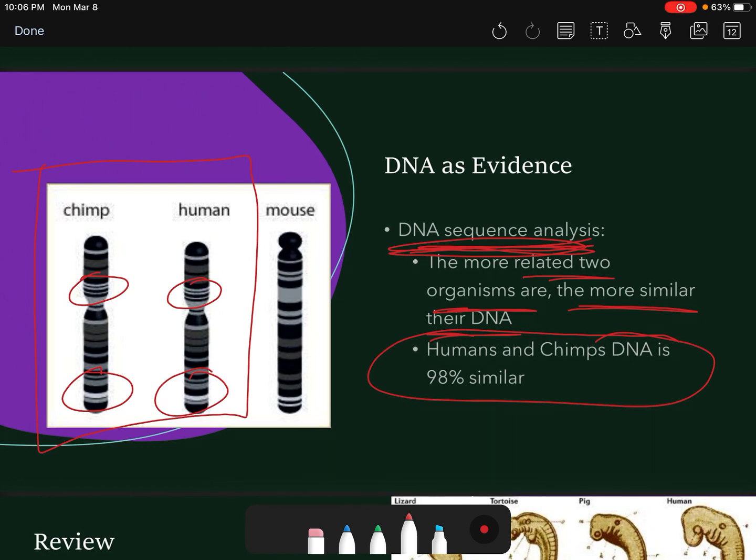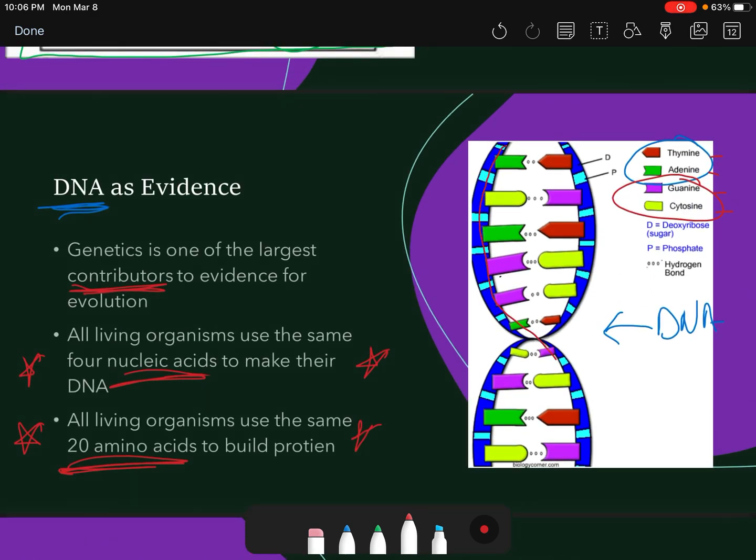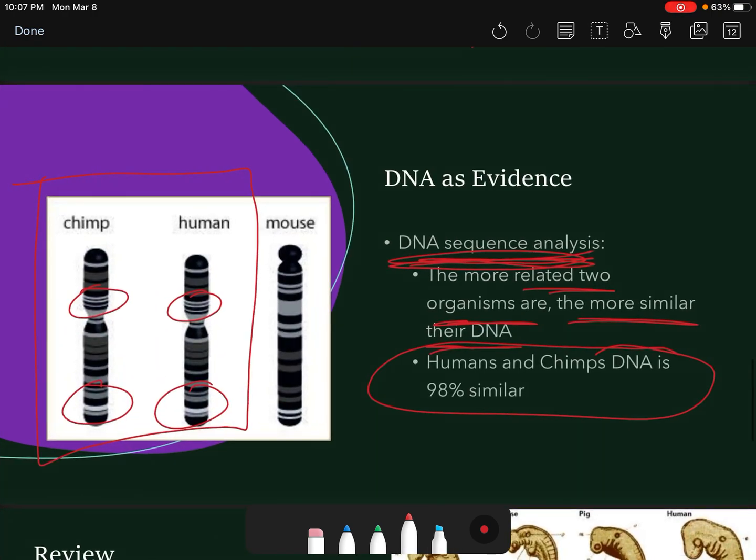The way that DNA sequence analysis is done is that they take a chromosome and read every single one of the base pairs on that chromosome. For example, they go through a structure like this one right here. Let's remember what DNA looks like. Every single A and T, every single C and G gets counted. At the end of it, say on a chromosome we have 98 million base pairs, that would be the adenine paired with thymine, the cytosine paired with guanine.